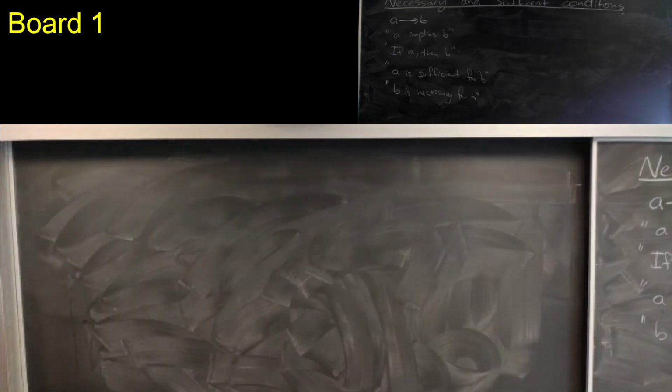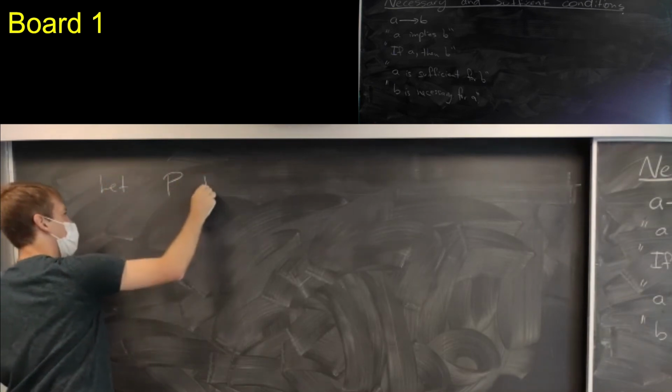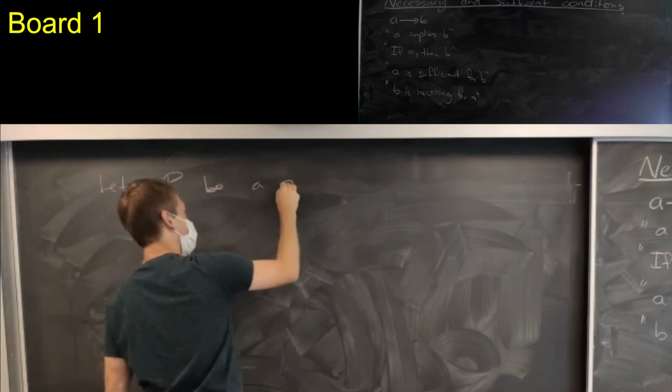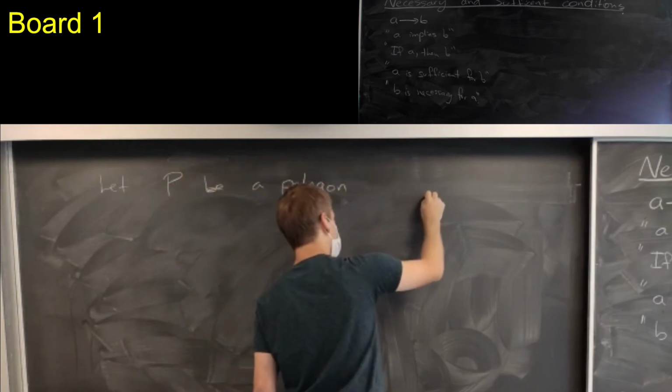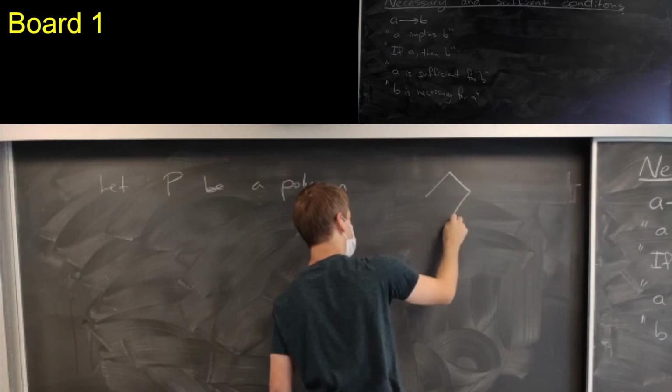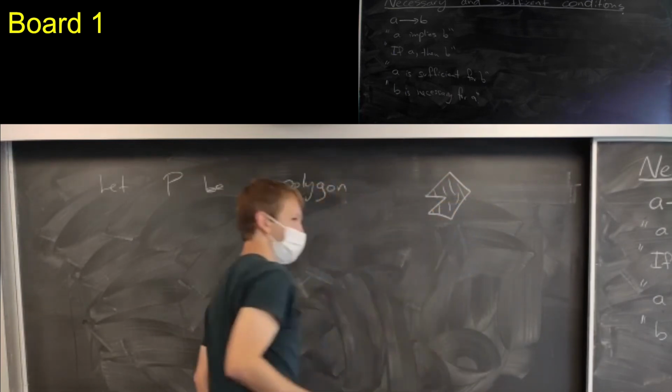Let's do a math word problem. Let capital P be a polygon. So what's a polygon? It's just a closed shape made of straight lines.